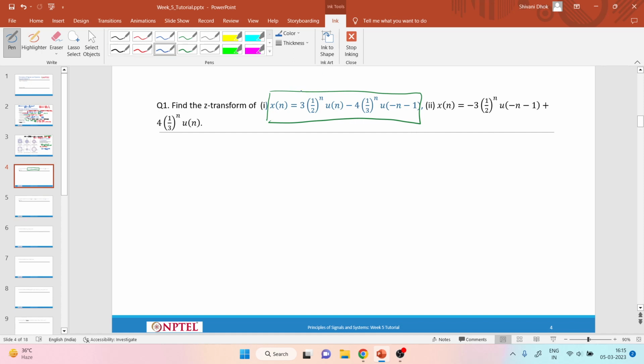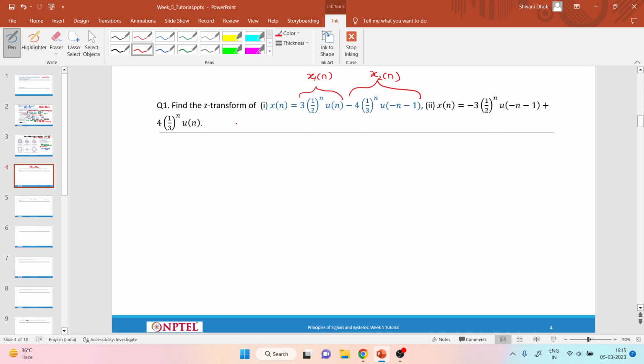So let us say that we will find the Z transform of this signal using the linearity property. So for that, let us say that this part of the signal is x1 of n, and this part of the signal including the minus sign is x2 of n.